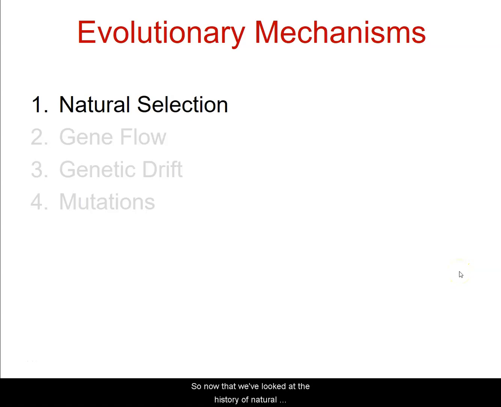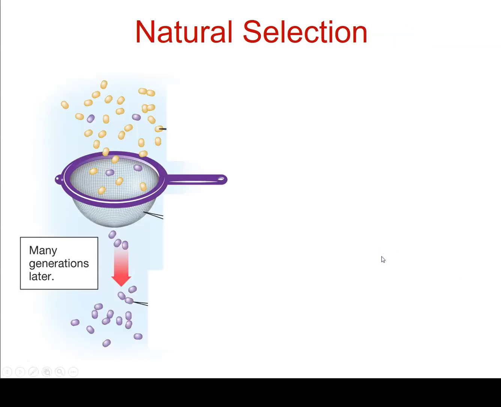So now that we've looked at the history of natural selection, let's look at the exact mechanisms in which natural selection can work to change allele frequencies in populations. First off, think of natural selection as filtering out certain alleles.